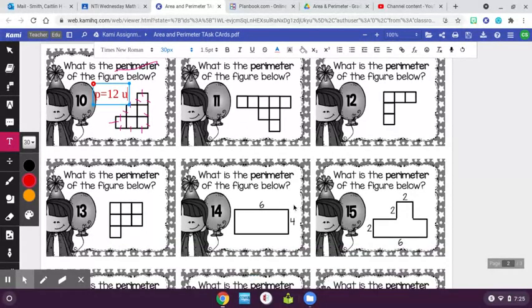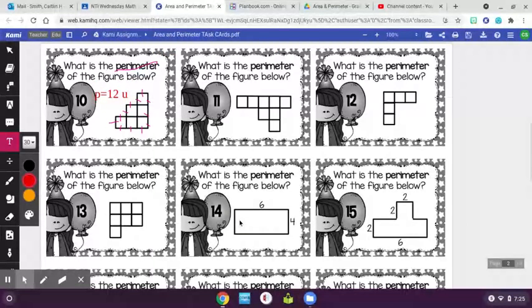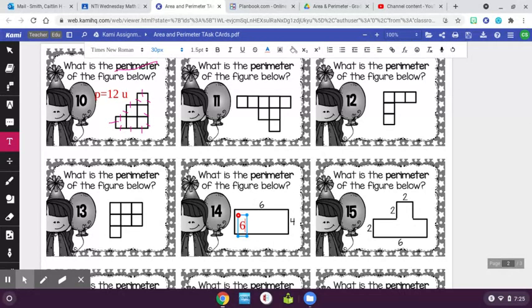Okay, now if they don't give it to you in nice little units like these squares, and they give it to you like this, you're just going to add up all the sides. So if I know the top side is 6, then I know the bottom's going to be the same at 6. And I know the right side is 4, so the left side's going to be 4.